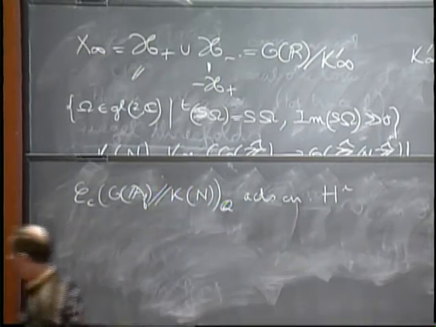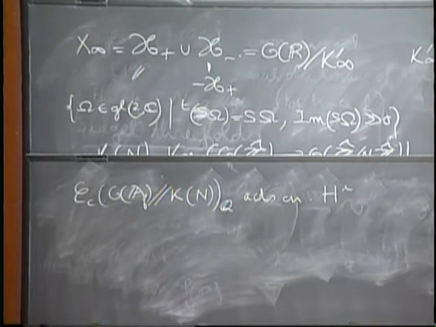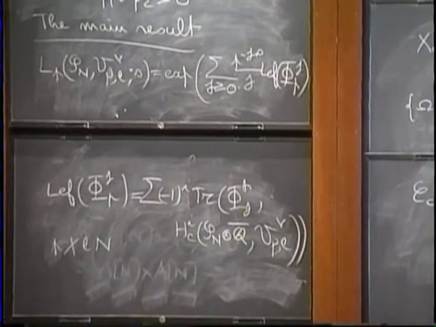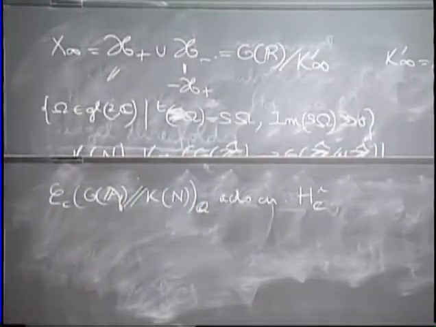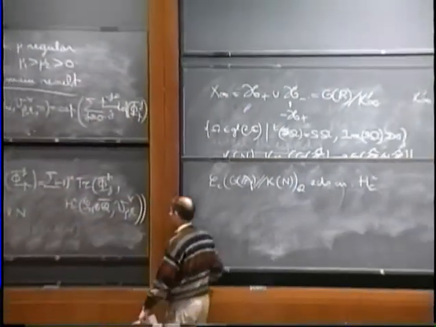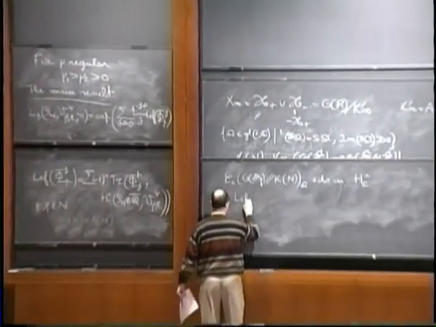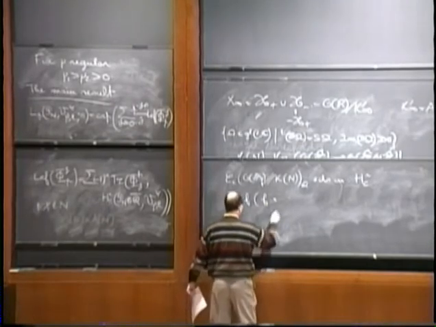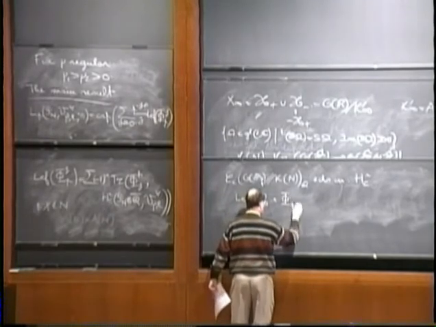So this is for a P which is good, that means which does not divide Ln. And this action commutes with the action of the Frobenius. So we can define this. Sorry, I forgot to say something.